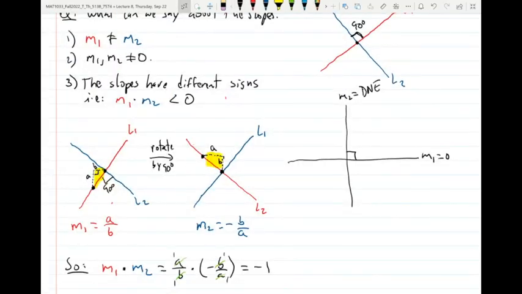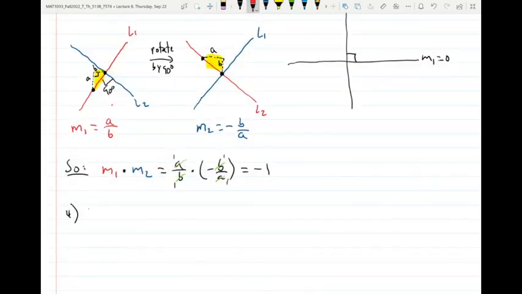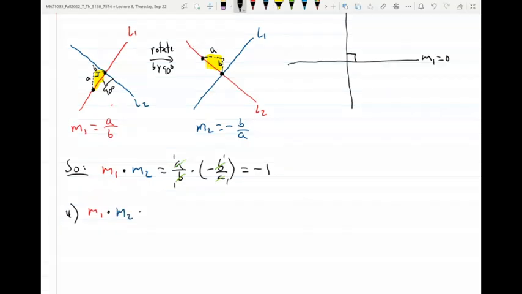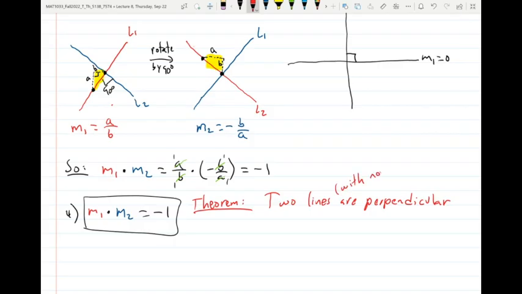We can say all of those things, but the important one is number 4, which is that if you do M1 times M2, the result is negative 1. So what we just did above is the proof of the following theorem. This is a theorem: two lines with non-zero slopes, because this is very special.